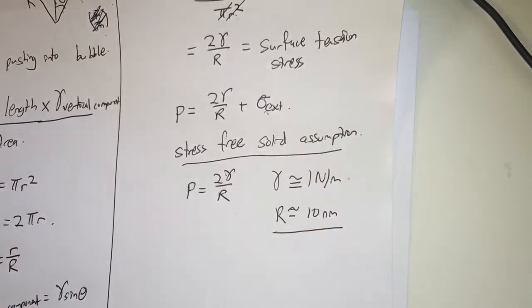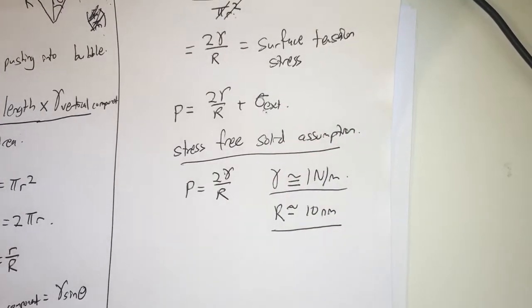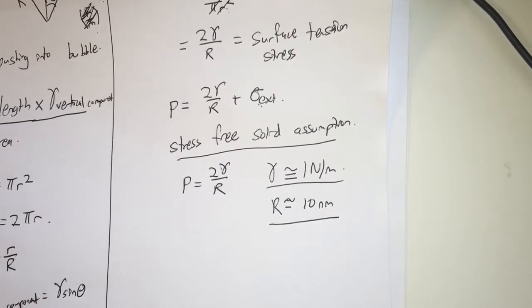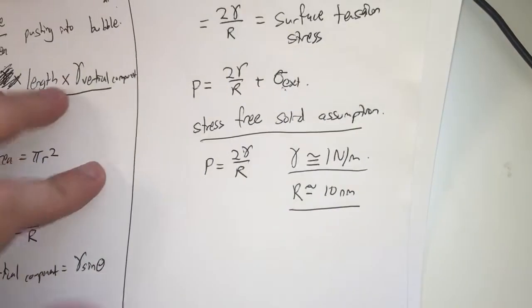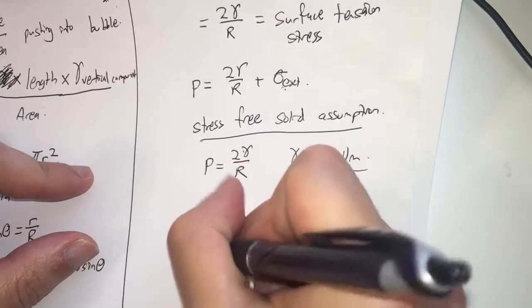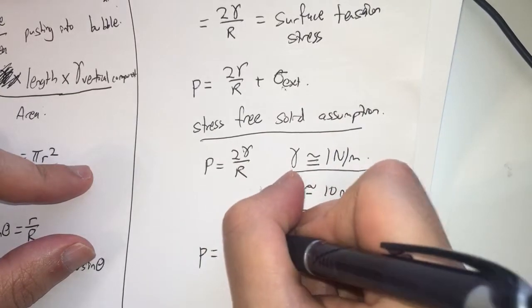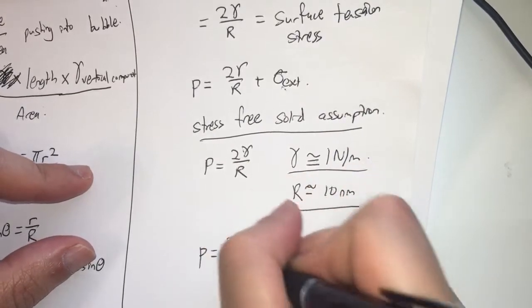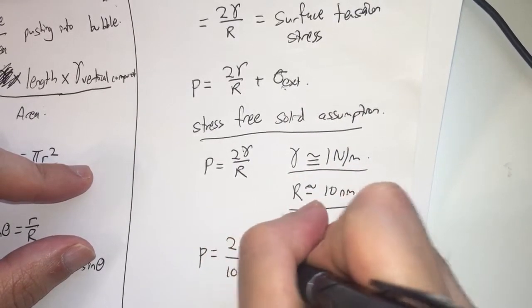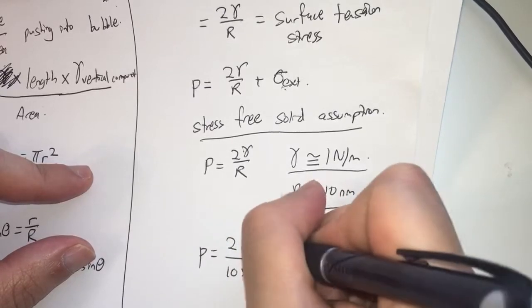This is from electron microscopy. You have to see Professor Olander's book, chapter 13, to see how this is measured. But we have a pressure on the order of 2 times 1 over 10 times 10 to the minus 9 meter.